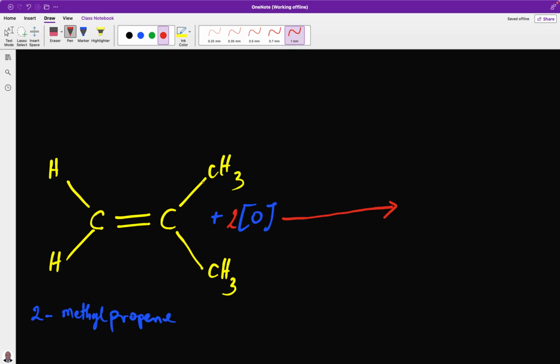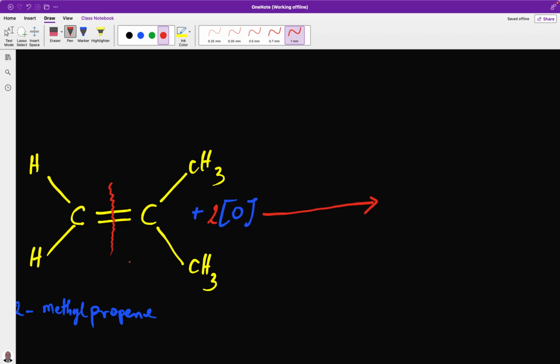Under this harsh condition, what is happening? The carbon-carbon double bond will break. There is a splitting of the bond. And when the bond splits, there are 2 products that will result.